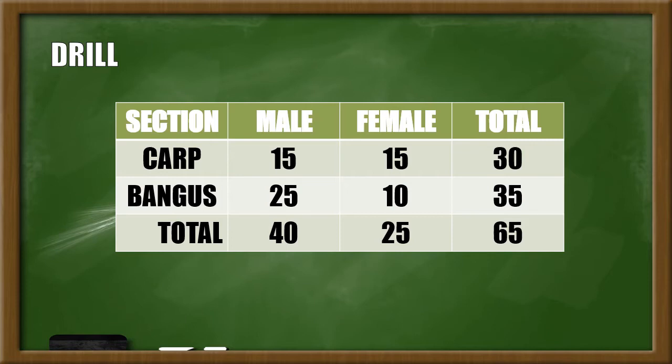In section bangus, we have 25 males, 10 females, and a total of 35. So all in all, we have 40 males, 25 females, and 65 students. Understood? So you can use this data to answer the questions later.